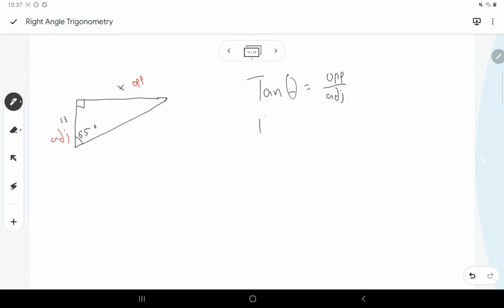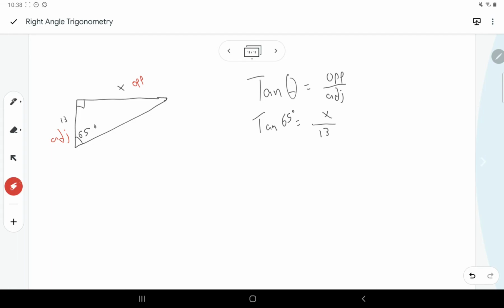Then tangent of, pardon me, not theta. We know theta. We don't need to write theta. We can write 65 degrees, because we're filling in the things that we know, so we know that 65 degrees is our angle, so we fill that in there. Then we've got our opposite that we can fill in here. So that's x over our adjacent, which was 13.